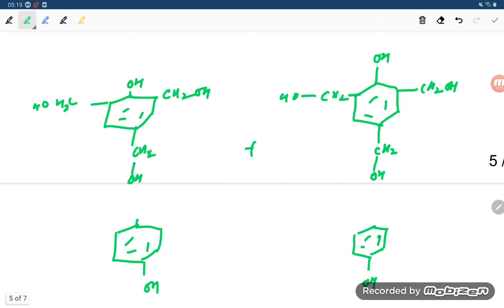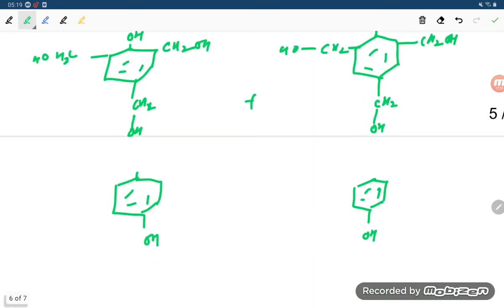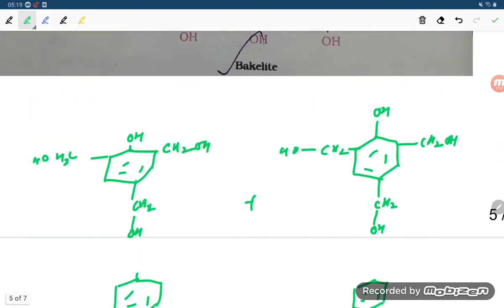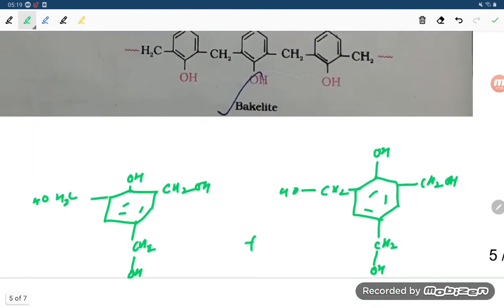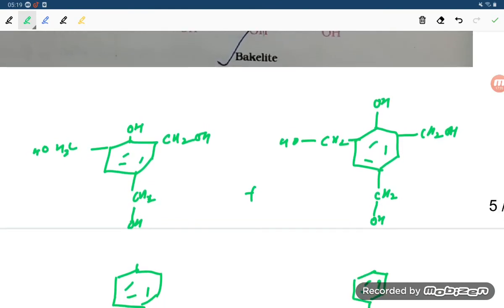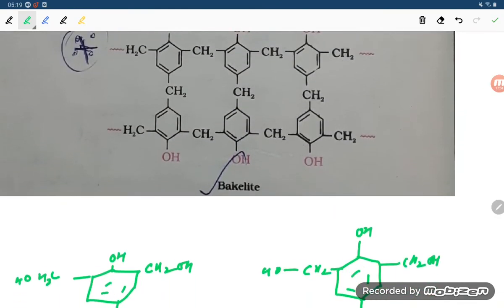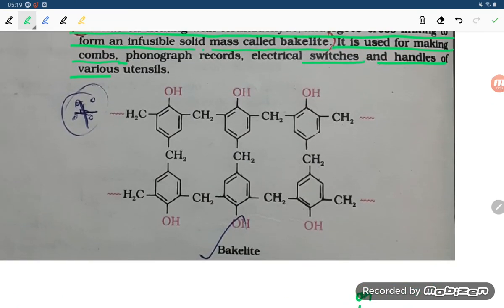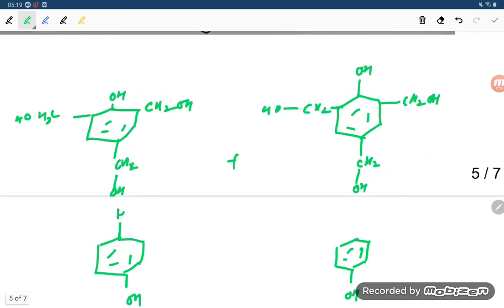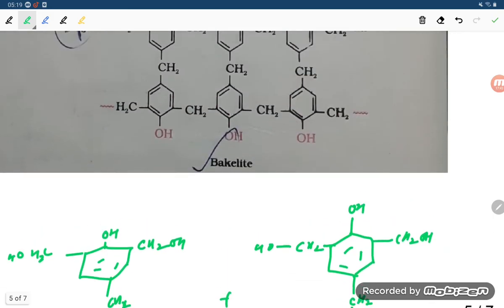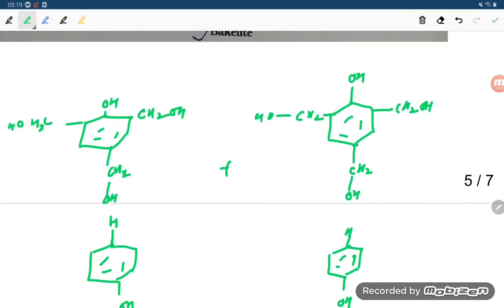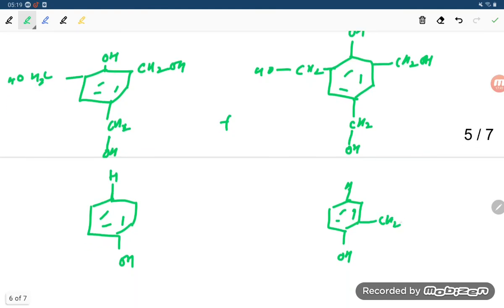If you talk about downside, it is only the benzene hydrogen there, and this is also benzene hydrogen. And since it is the ortho position, here CH2OH will be there, and here CH2OH will be there, here CH2OH will be there, and this side also CH2OH.